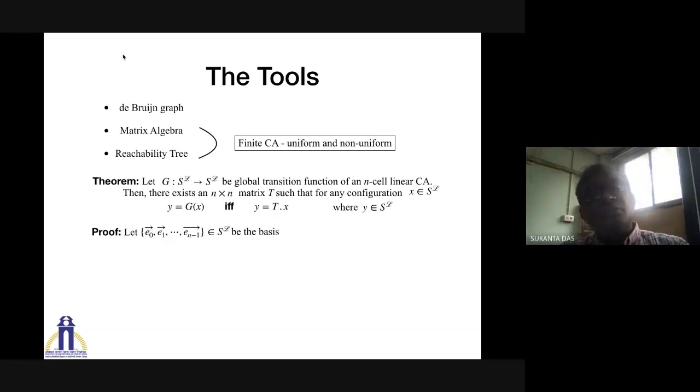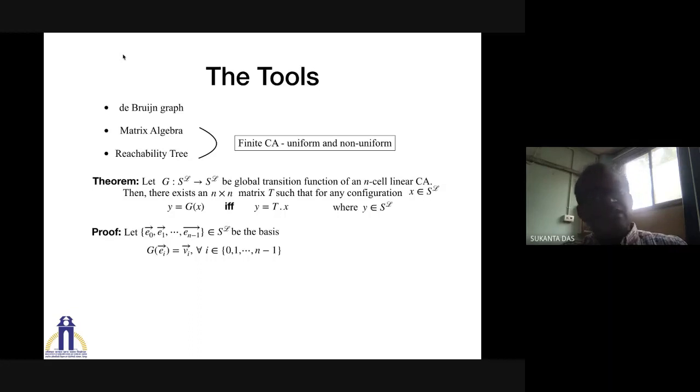What is the definition of basis vectors? Using basis vectors, we can get all other vectors of the space. If you take an arbitrary vector, say x, then x is a linear combination of these basis vectors. Further assume that g of ei equals vi.